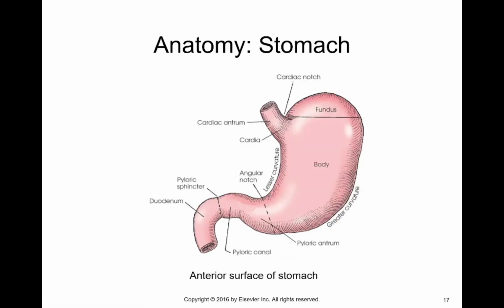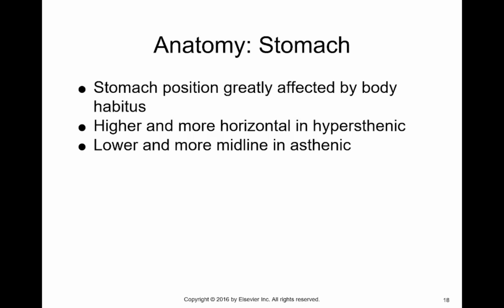So again, that's what it looks like. The position of the stomach is greatly affected by body habitus, and also it lies in the abdominal cavity in a specific way that I'll talk about here in a bit. But as far as body habitus goes, it tends to be more high and horizontal in hypersthenic patients, and in asthenic patients, it tends to be more elongated.